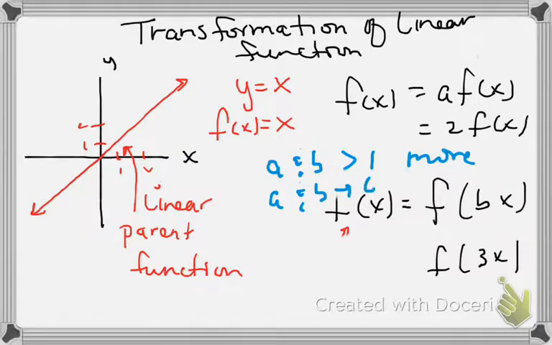When it's between -1 and 1, anything that's a fraction or a decimal, then the line is what we call less steep. There's our parent function, and when this happens, it's less steep. It gets closer to being flat. The closer it gets to 0, like a fraction or decimal, the more flat the line gets. If it hits 0, then it is a flat line. There's no slope at 0.